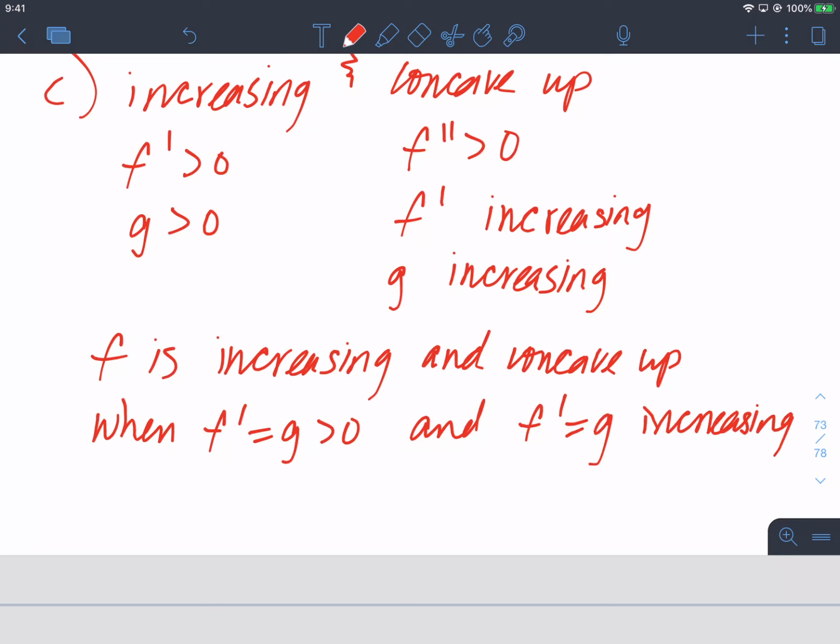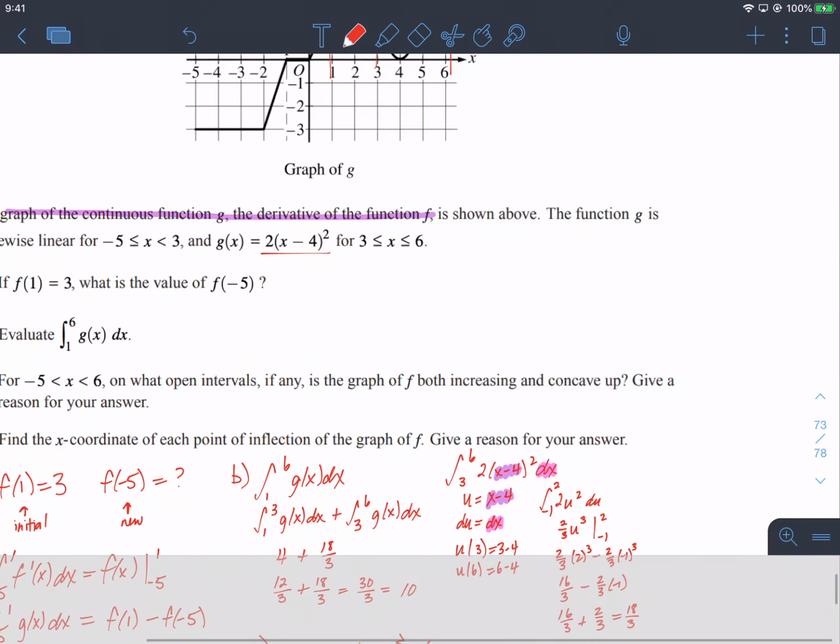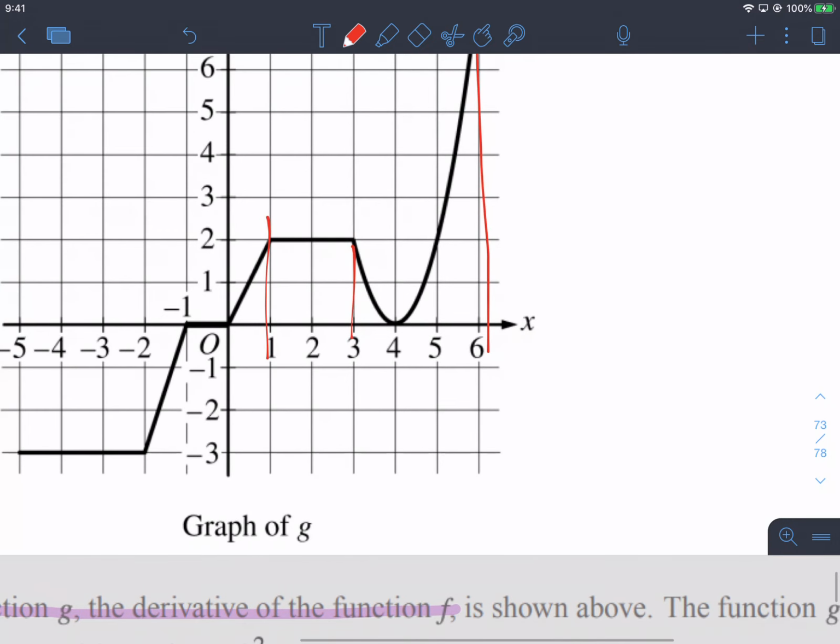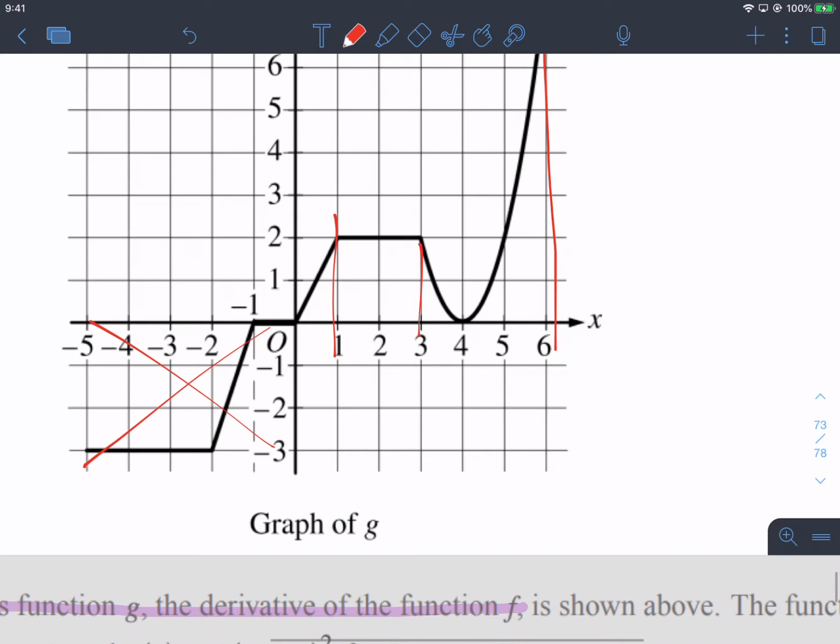So I'm looking for somewhere on my graph where I'm positive and increasing. Positive would be above the x-axis. So it's none of this.